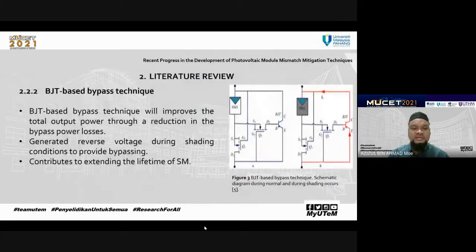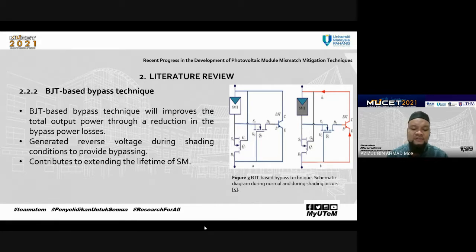The second one, the BJT-based bypass technique. The BJT voltage drop at the saturation region is usually quite low. Therefore, it improves the total output power through a reduction in the bypass power losses.